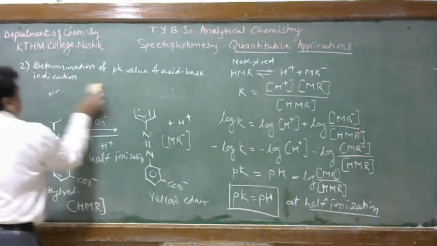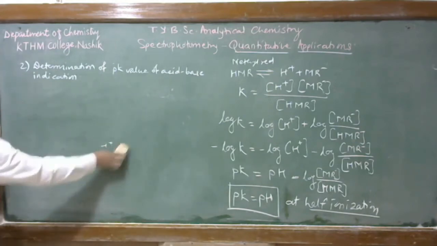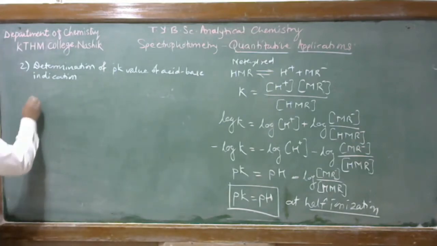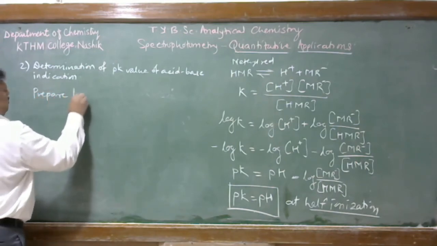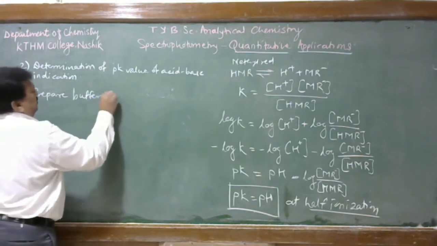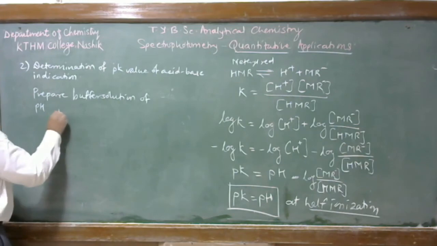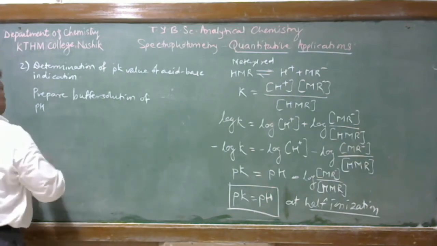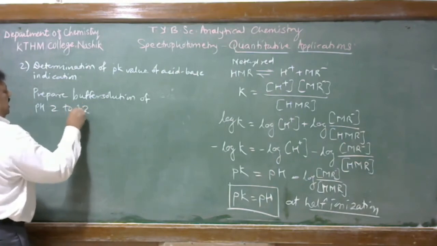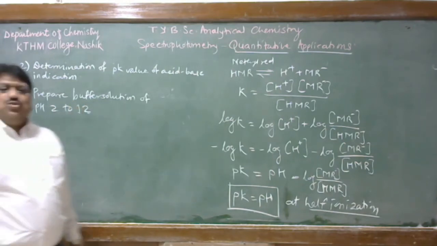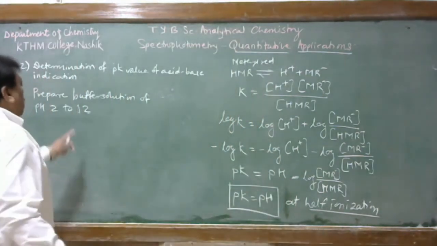Therefore, for calculation of the pKa value of this indicator, we have to prepare buffer solutions having pH in the range 2 to 12.